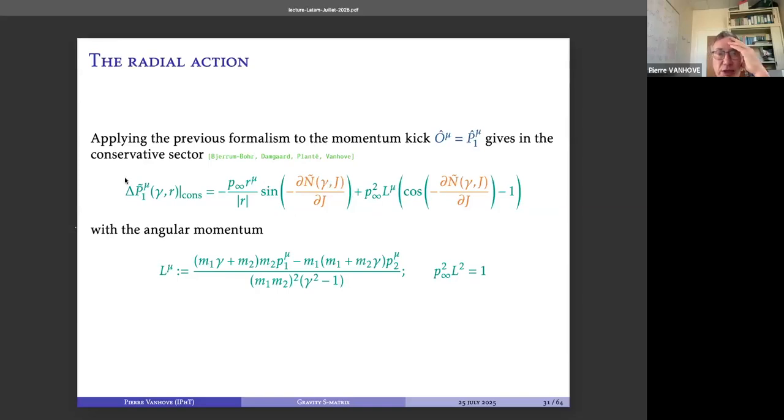So delta P1 is a vector. It depends on the relative distance between the vectors, the P infinity already introduced before, and L is the angular momentum, which satisfies L squared P squared is 1.